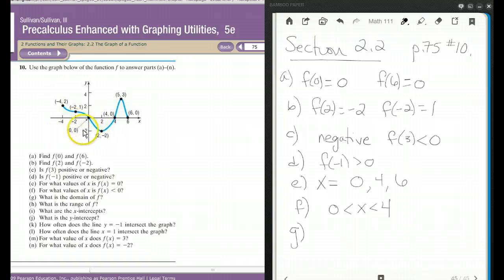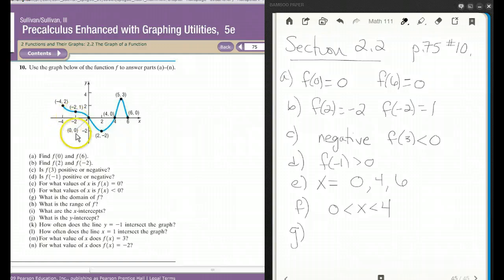Another way to think about figuring out the domain is to imagine shining a light above and below the function, from each side. Shine a light down and shine a light up. And wherever there would be a shadow on the x-axis, that's what your domain is.